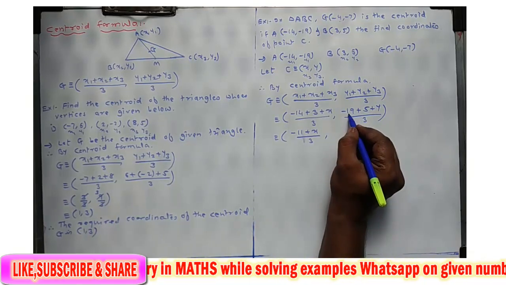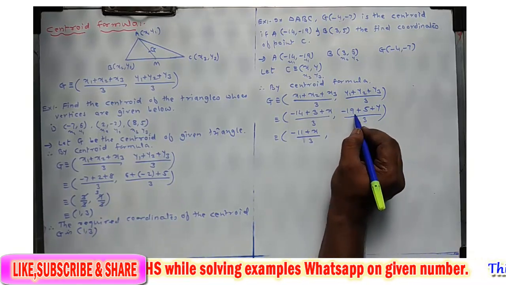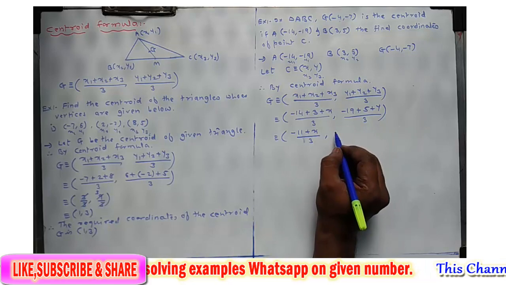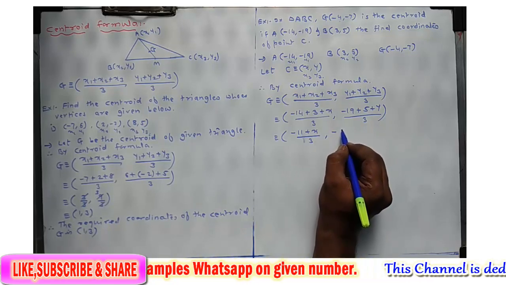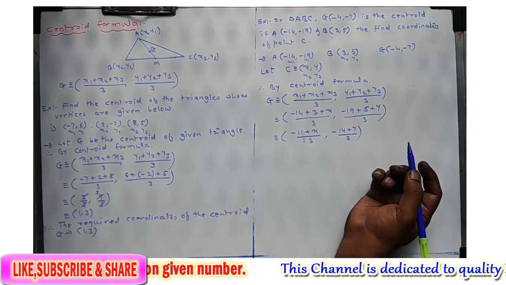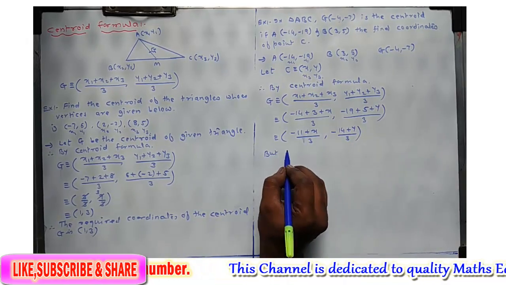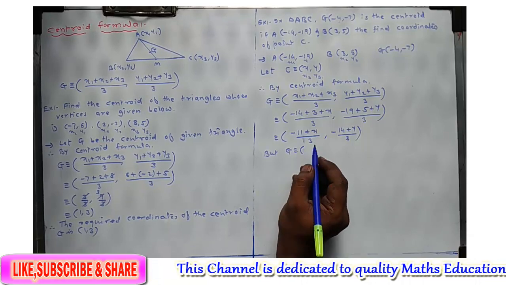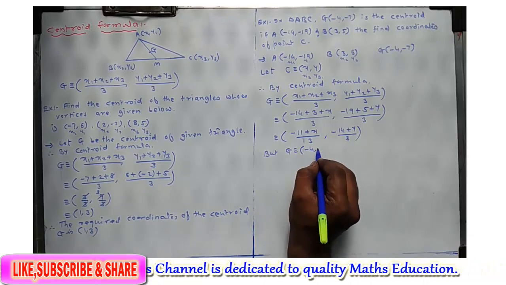And here minus 19 plus 5. Different signs are there, so always do subtraction and put the sign of the greater number. So it will be minus 14 plus y upon 3. But the coordinates of G are also given. The coordinates of point G are (-4, -7).